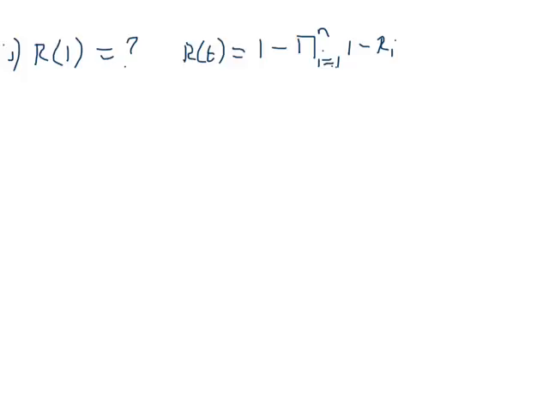So in this case, what do we know about the reliability functions for each? Well, we were told that the instantaneous hazard rate was 0.2 and 0.3. And that means they have no relationship with time.